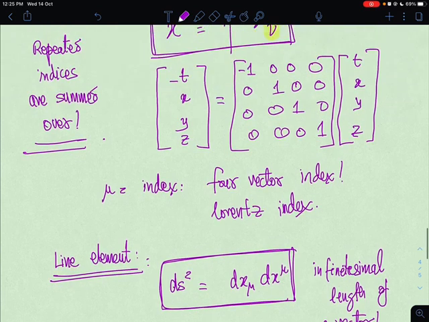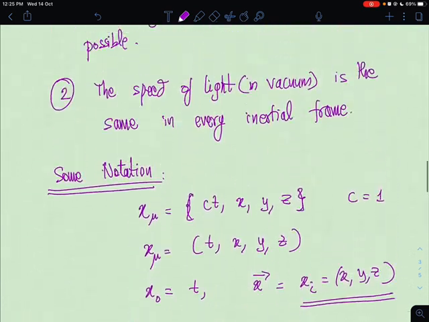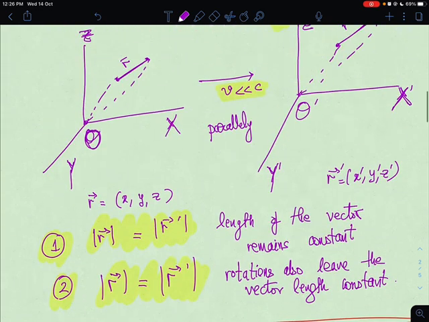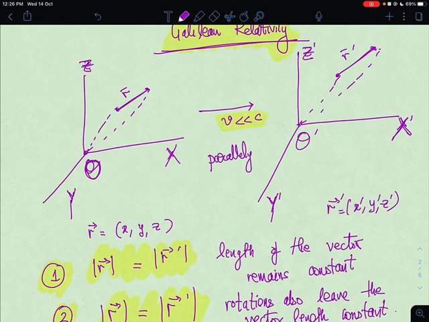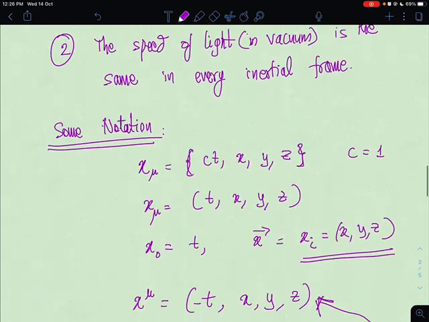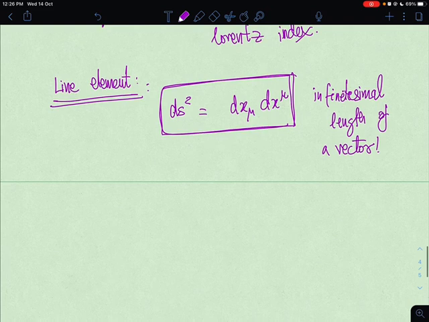Similar to the Galilean transformations, where we considered a small vector, say for example r and r prime, now we want to ask the question, what is the small length of a vector? But this is a 4 vector. When I say a vector in the special theory of relativity, it means it's a 4 vector. It contains also the time along with it. So I want to define something called an infinitesimal length of a vector, which is given in this particular fashion.